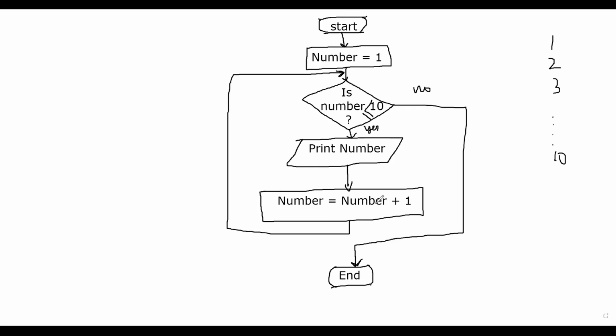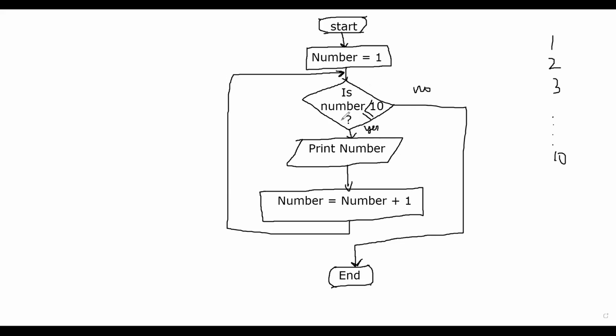Print 2. 2 plus 1, that's 3. Is 3 less than 10? Yes. You print 3. 3 plus 1, number is 4 now. 4 is less than 10. Yes. You print 4. 4 plus 1, that's 5. 5 is less than 10. Yes. You print 5. 5 plus 1.